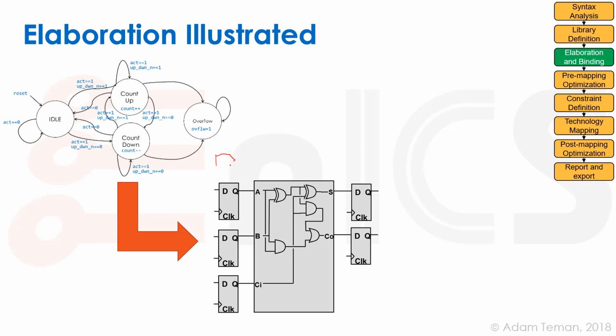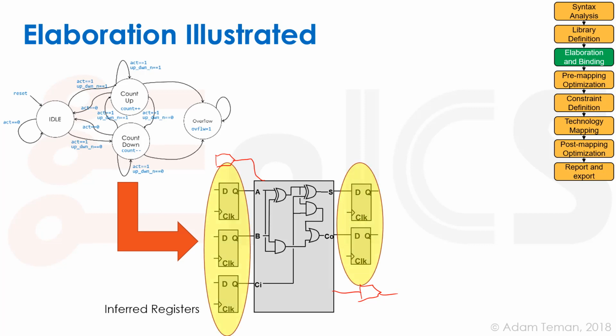We also have, which I don't have on the picture here, some input ports and maybe some output ports that go from the design. So our whole state machine was turned into these flip-flops, this logic, and these ports. That completely described our sequential system.